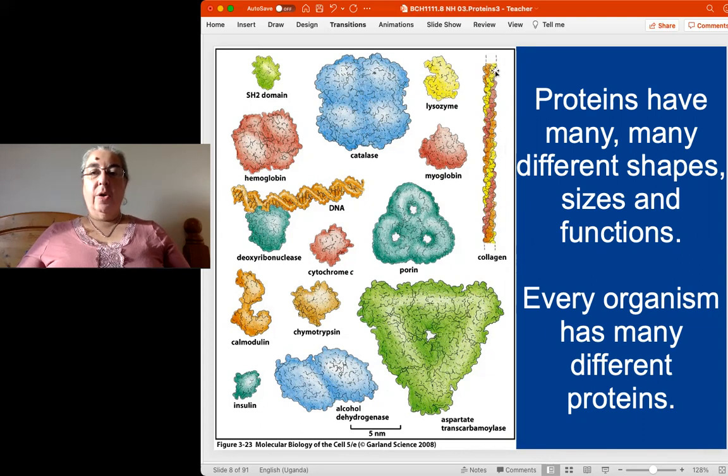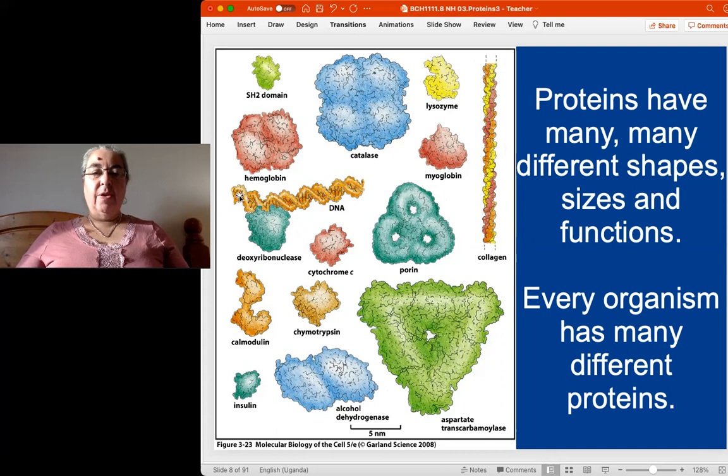Here is a long, thin protein, collagen. We're going to be thinking a little bit more about that next time. And here is a protein with an interesting shape. It's got holes in. This is a porin, a protein that allows molecules to pass through cell membranes.